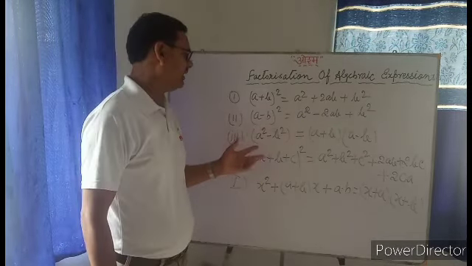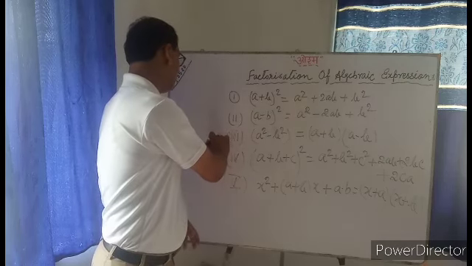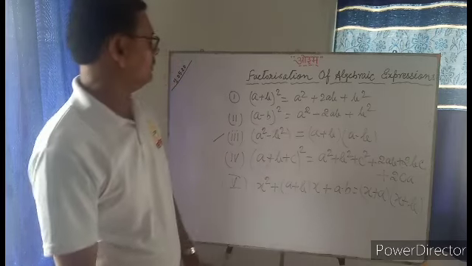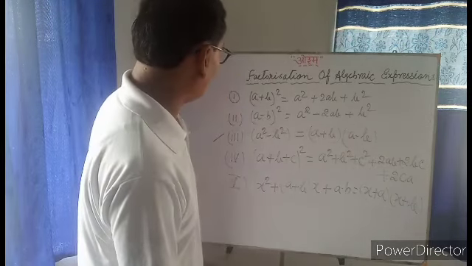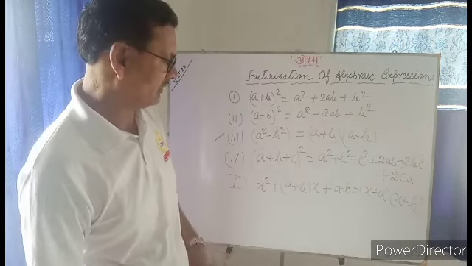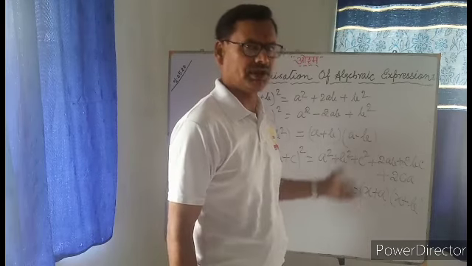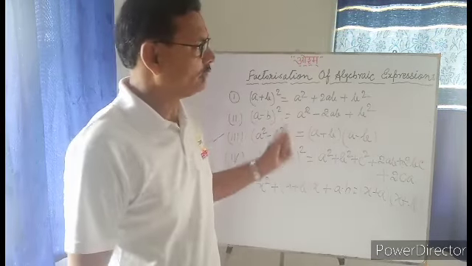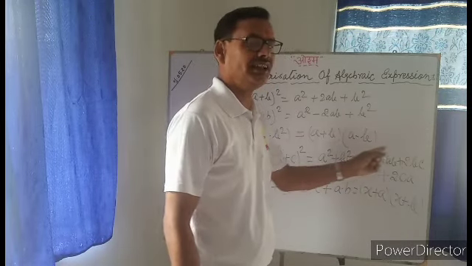The third identity, a square minus b square, is a very important identity, and it is (a + b) whole into (a - b) whole. Now the trinomial square, (a + b + c) whole square, is a square plus b square plus c square plus 2ab plus 2bc and 2ca.